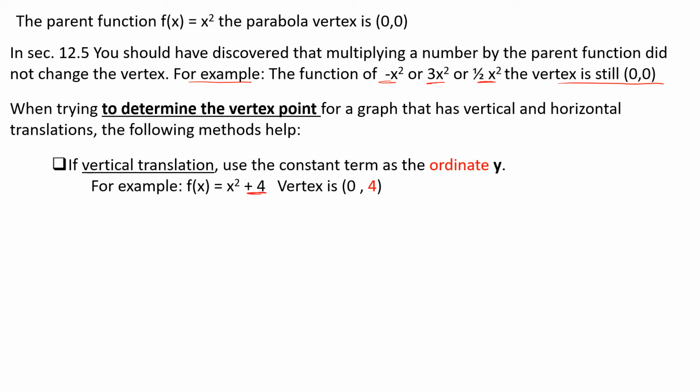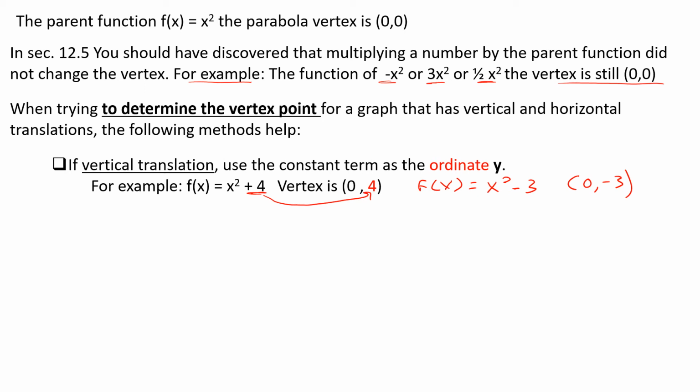So if this is the scenario, then your vertex is going to be 0 and the ordinate y. So if it's 4, it's 4. If you had the function x squared minus 3, then your vertex is going to be 0, -3.